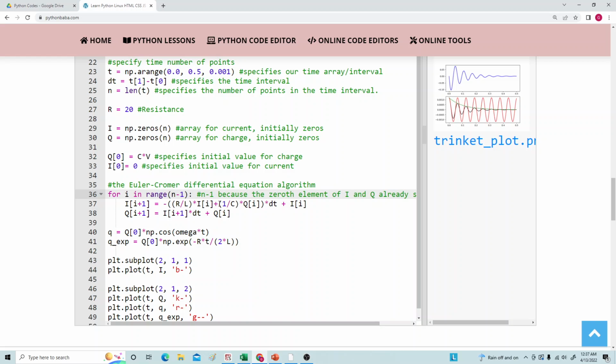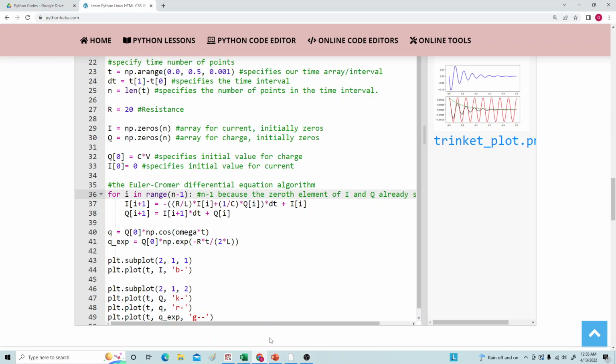And so this is the algorithm that updates the next element of charge. So basically what this is doing, for I in range n minus 1, it's going to take I equal to 0 initially.